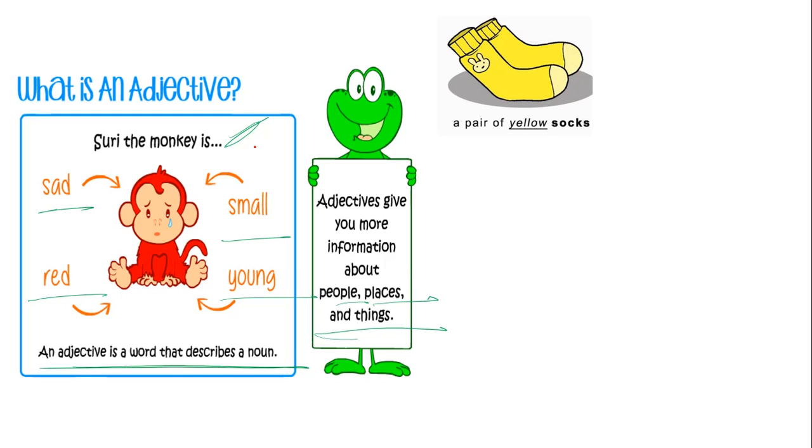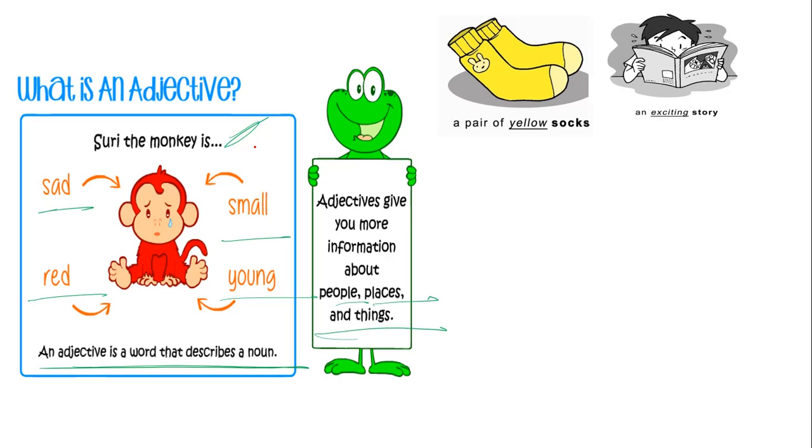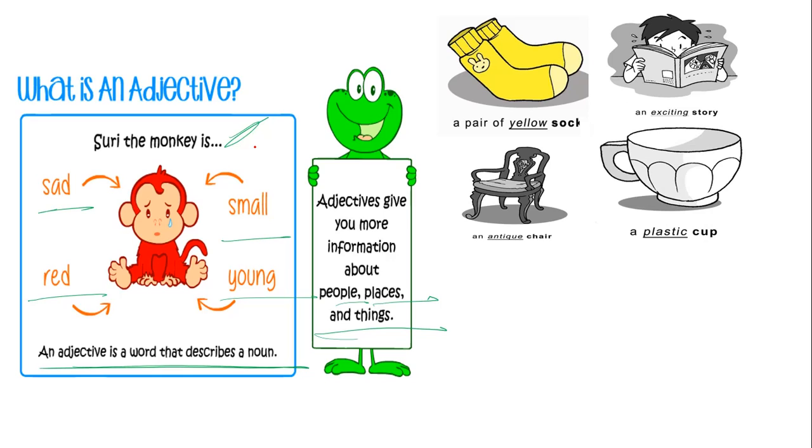As you can see here: a pair of yellow socks, an exciting story, an antique chair, a plastic cup. These are adjectives: yellow, exciting, antique, plastic. These are adjectives which are giving more meaning to a noun. They are giving more meaning to the nouns.